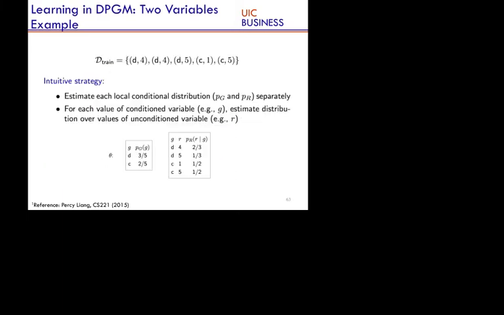So what do we do here? It's similar to what we did with just one random variable. So estimate each local conditional distribution separately. For each value of the conditioning variable G, estimate the distribution of R. Because we got P of R given G, right? So for every given value of G, R can take some number of values.